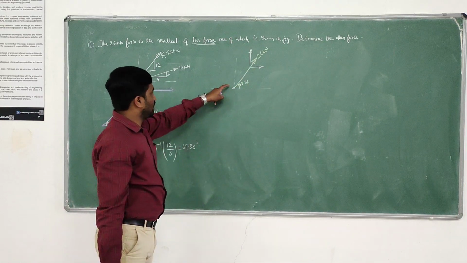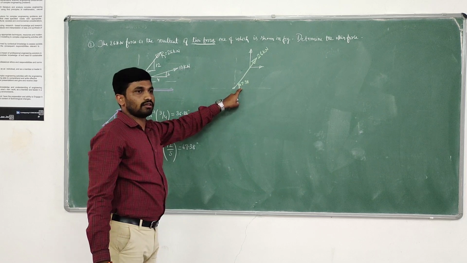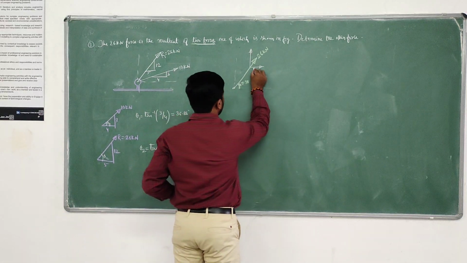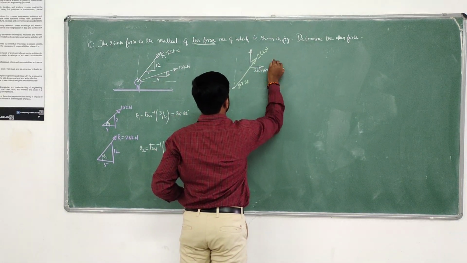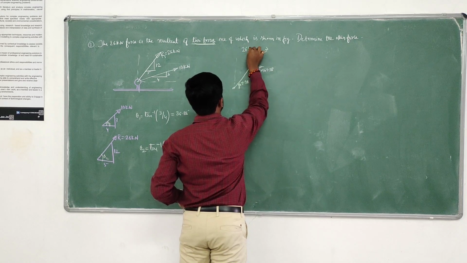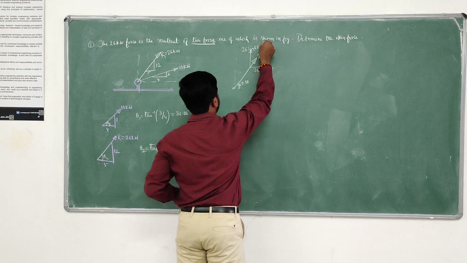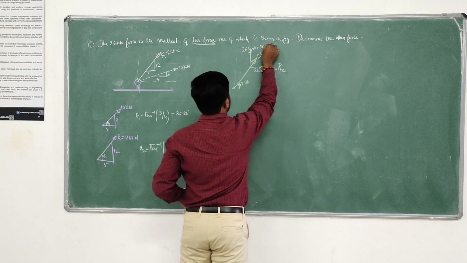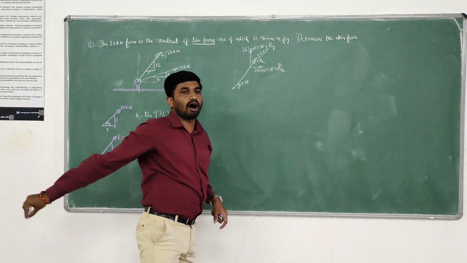The second thing is inclination. Here it is inclined with respect to horizontal, therefore horizontal is cos and the remaining one is sine. Therefore, it will become 26 cos 67.38 and 26 sin 67.38. So we can easily say that this is Rx and this is Ry because this is R.